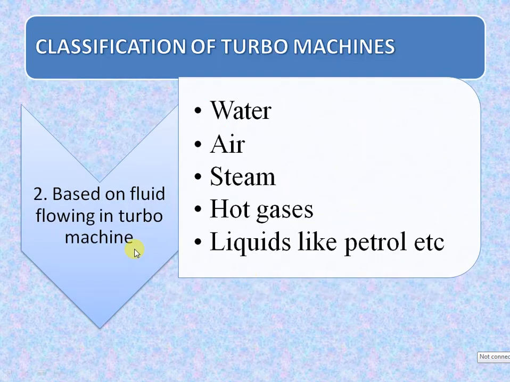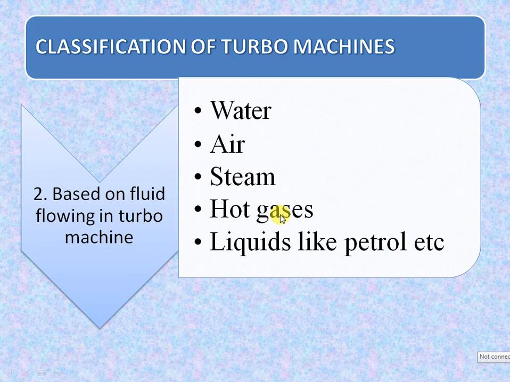The next is based on the fluid flowing in a turbo machine. Water, air, steam, hot gas, and liquids like petrol are the different working media. If water is the flowing fluid, then the turbine is known as a water turbine. If air is the working medium, then a windmill or wind turbine is an example.